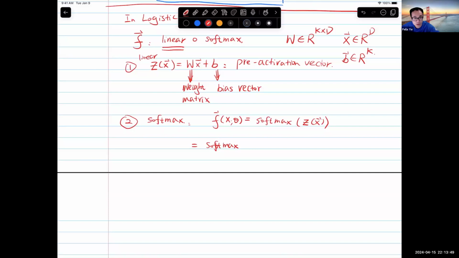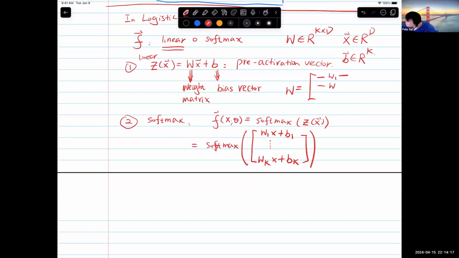You do it row by row. So this is W1 x plus b1, and I have Wk x plus bk. You think about this as my W being composed of W1, W2, until we have Wk.